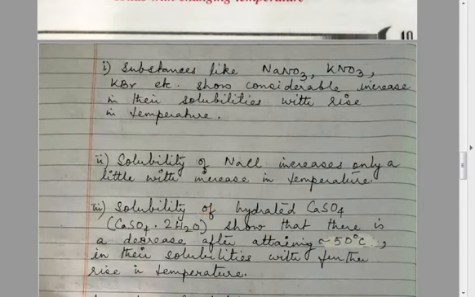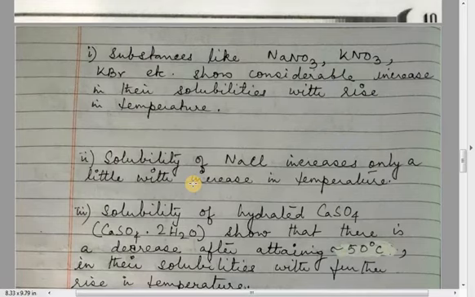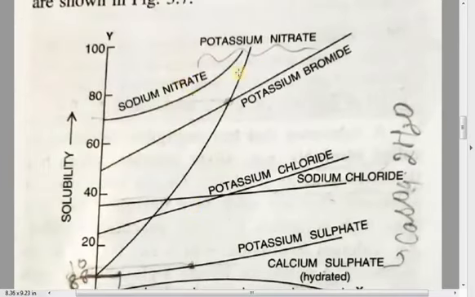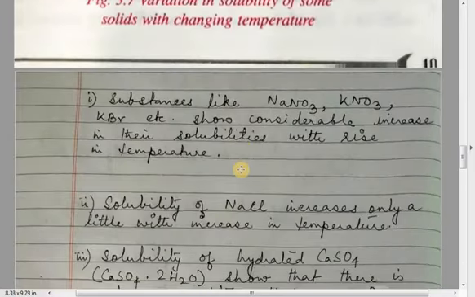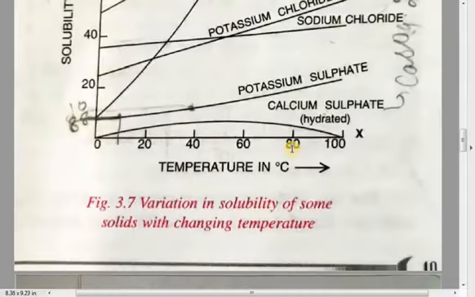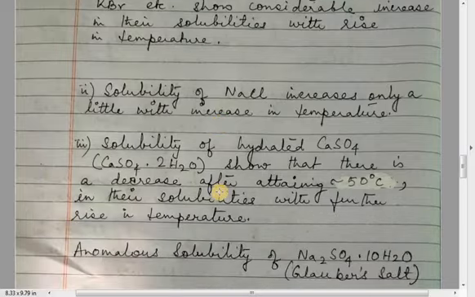Substances like sodium nitrate, potassium nitrate and potassium bromide show considerable increase in their solubilities with rising temperature. And the solubility of NaCl increases very little with rising temperature.